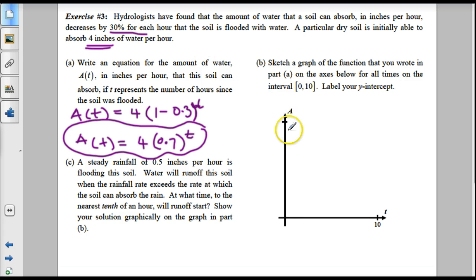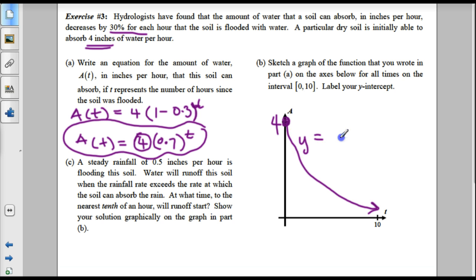Part B says sketch and label your graph. When we label, I want you to look at this as 4. This is 10. Why is this 4? Because that's what my starting point is right here. So you should have a graph when you sketch this that looks something like this, with a little arrow there. Make sure you label your graph.